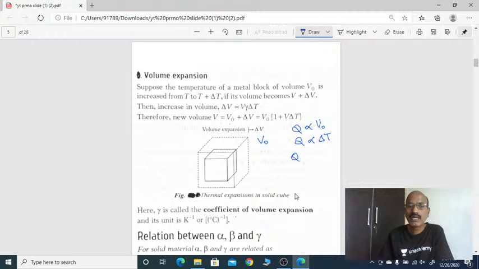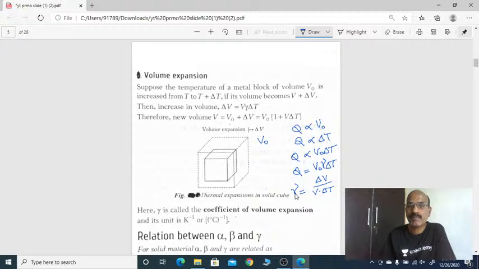Combine both, and you will get V naught gamma into delta T, where gamma equals increase in volume by original volume into rise in temperature.